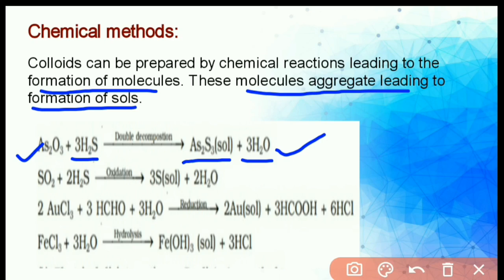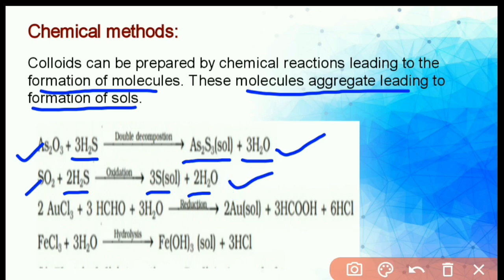Next reaction, sulfur dioxide reacts with 2 moles of hydrogen sulfide and forms 3 moles of sulfur as colloidal particles and 2 moles of water, and they mix together and form a colloidal solution.